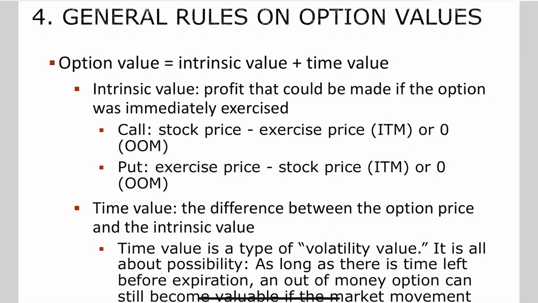For put, the definition is similar. If it's out of the money, then its intrinsic value is just a zero. And if it is in the money, then its intrinsic value is exercise price minus stock price.